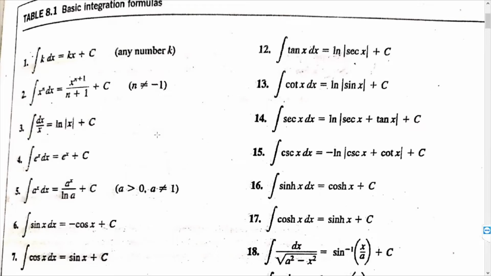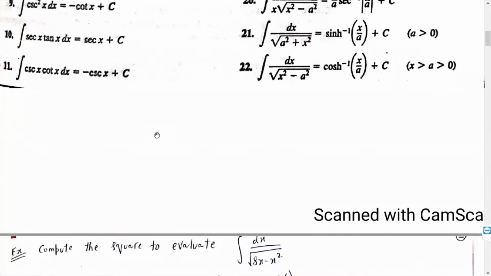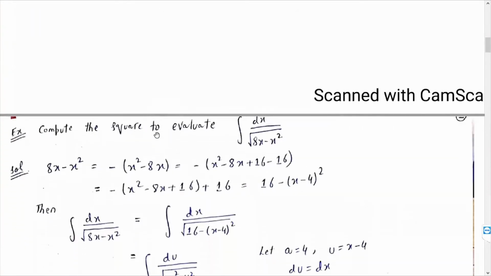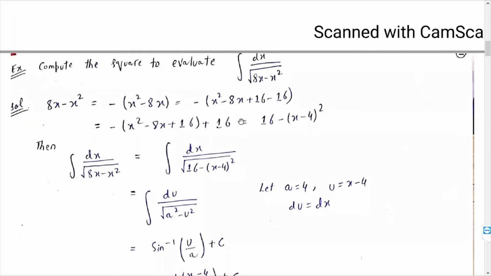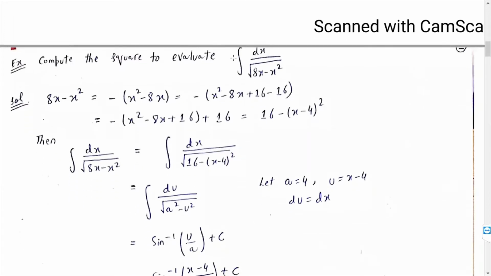So here is an example. Complete the square to evaluate the integral. This is basically an indefinite integral because no limits are given.